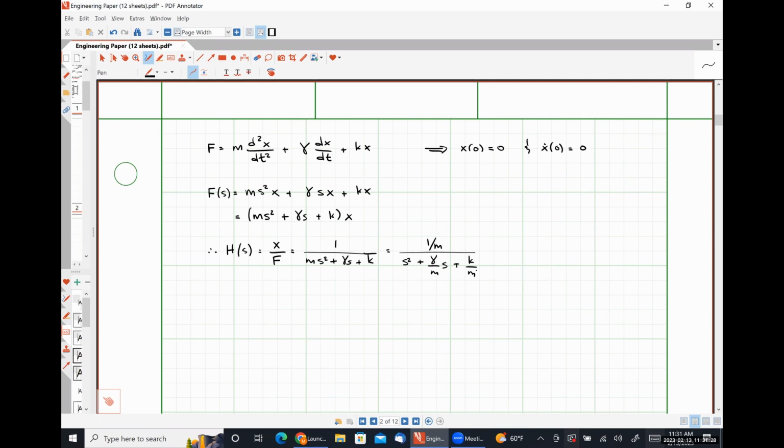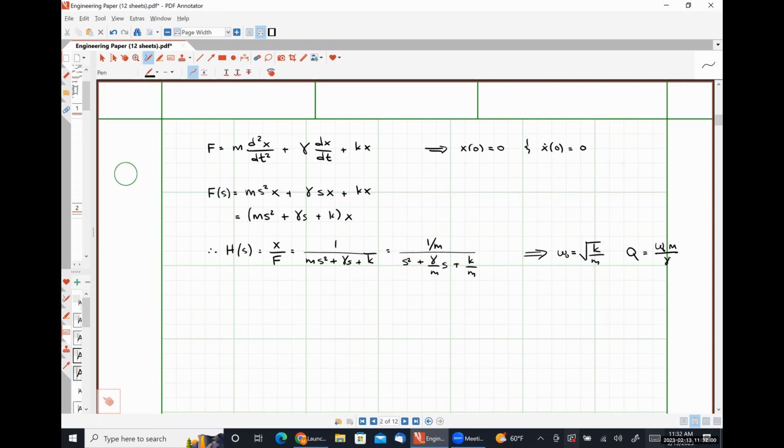Well, this is another aside, a substitution we're about to make. We know that the mechanical resonant frequency of our system is omega naught, the square root of k over m. And we know that the mechanical quality factor of our system is omega naught m over gamma.